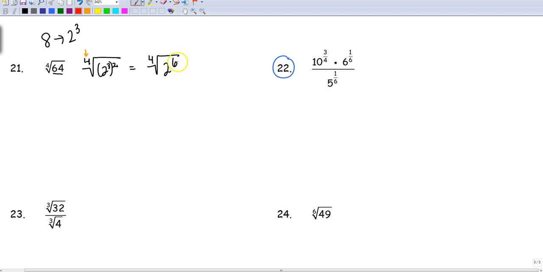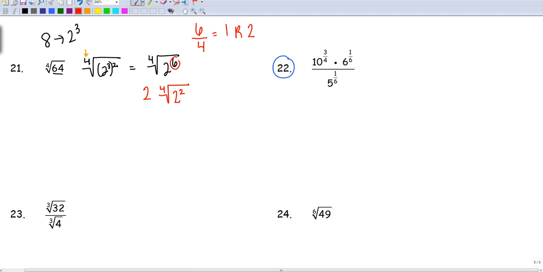So now it's like, oh, wait a minute, this exponent really is bigger than this index. All right, so exponent divided by index, 4 goes into 6 once with a remainder of 2. That means 1 2 comes out and 2 2's are left over, which you would multiply to 2 squared is 4.